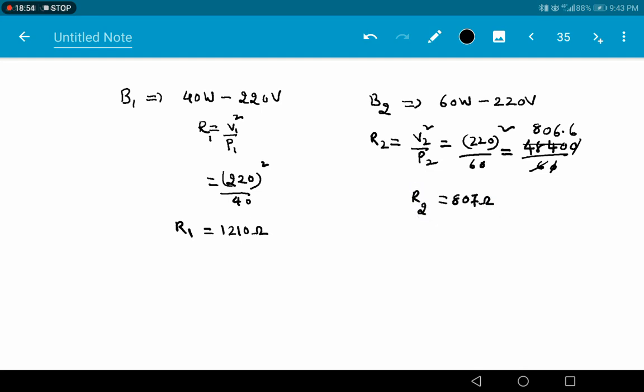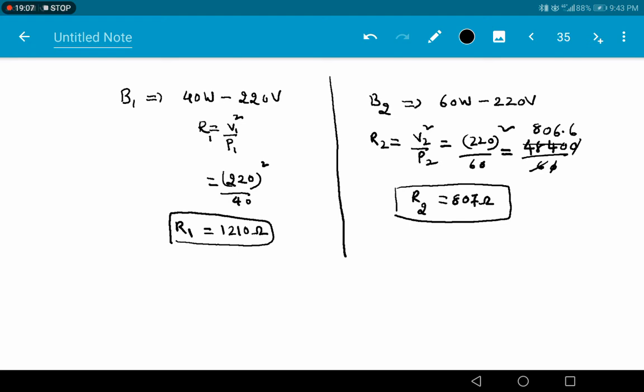So what are you observing from these two? Whose resistance is maximum? Bulb 1 has greater resistance, bulb 2 has greater resistance. So we can say that R1 is greater than R2. Then what is the power relation, the operating power relation? So P1 is less than P2.